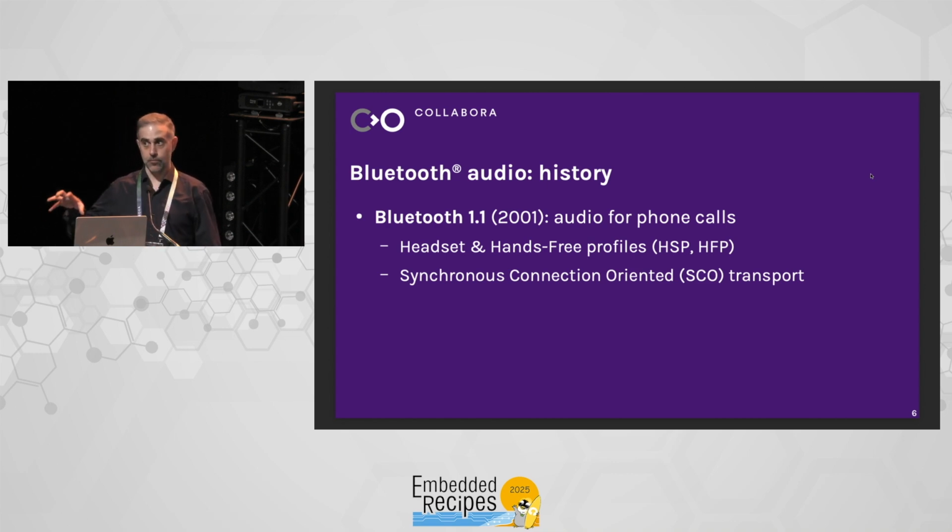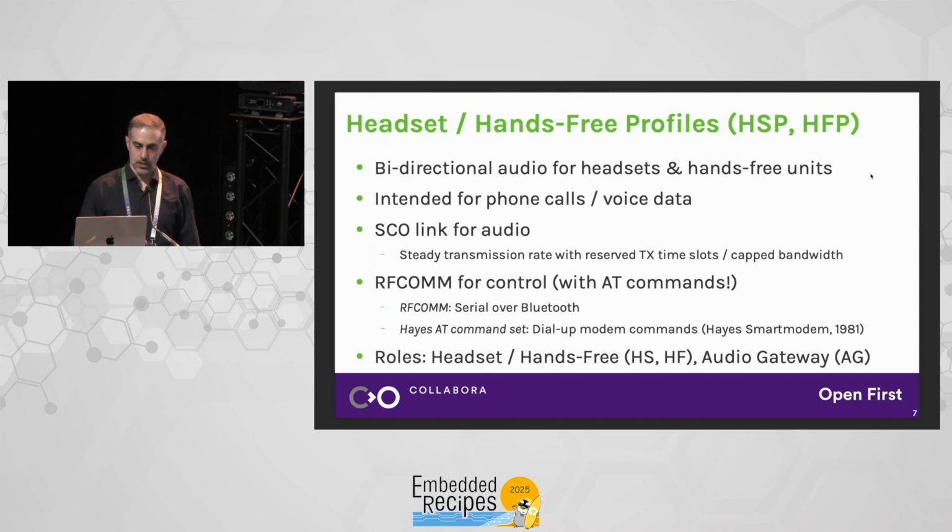That was specifically for phone calls. It was intended for phone calls. So the hands-free profile and the headset profile were intended for phone calls or at least voice data, and they used a certain type of link called SCO, which stands for Synchronous Connection-Oriented Link.